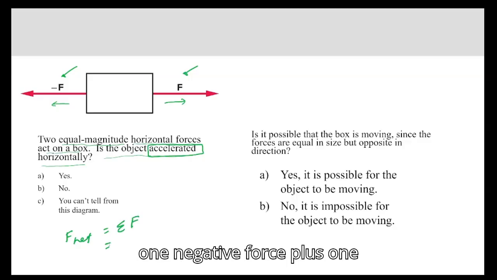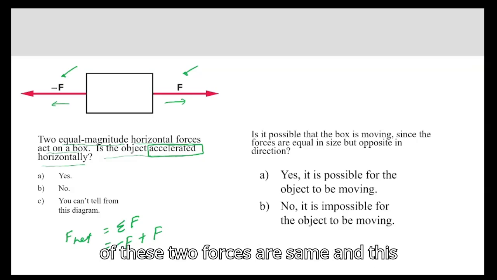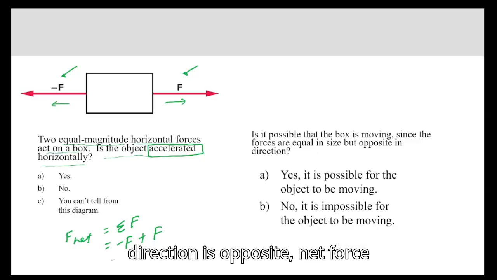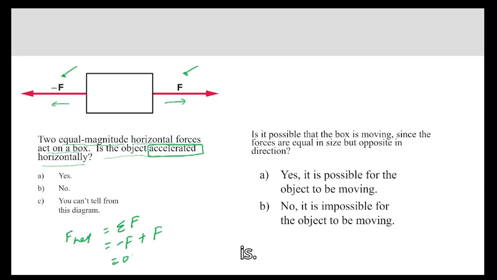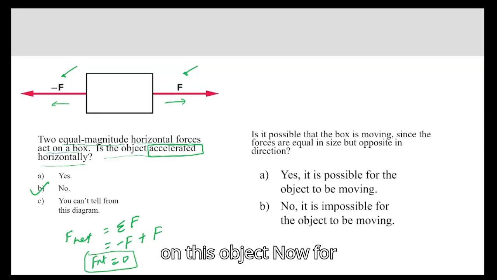We have one negative force plus one positive force, and since the magnitudes are the same and the directions are opposite, the net force is 0. That means we do not have any acceleration on this object.